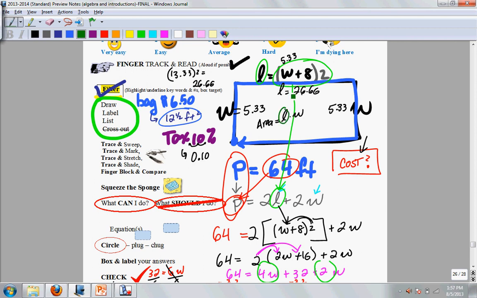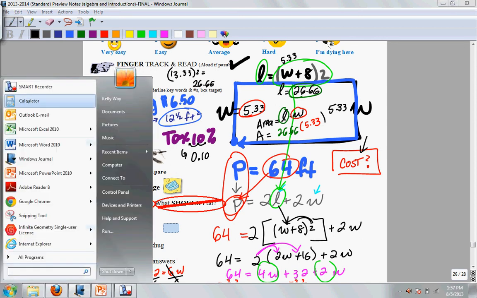Circle the length, 26.66. Plug it in. Circle the W. Now I know here some of you are just about hyperventilating because you think I'm not going to let you use a calculator when you multiply with decimals. Yes, you may use a calculator.